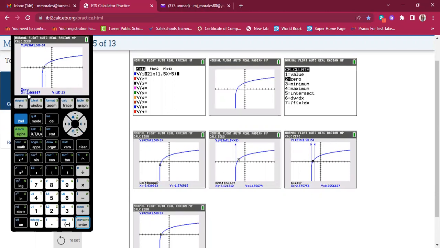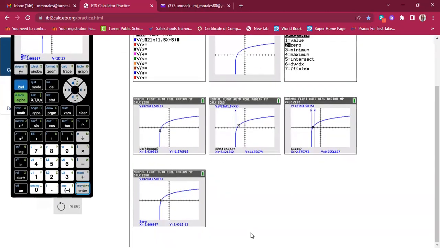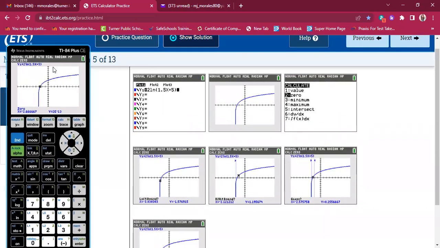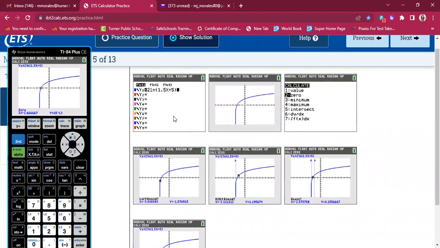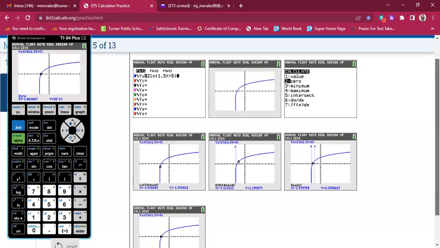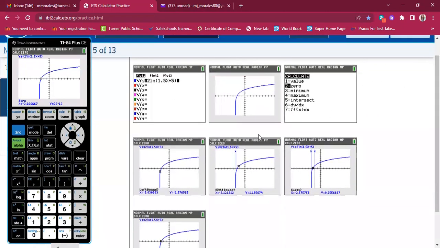So we have here negative 2.666. So that is how to find the 0 of x. If you're looking for the x value solution of the equation, the zeros of x, this is how the process goes.